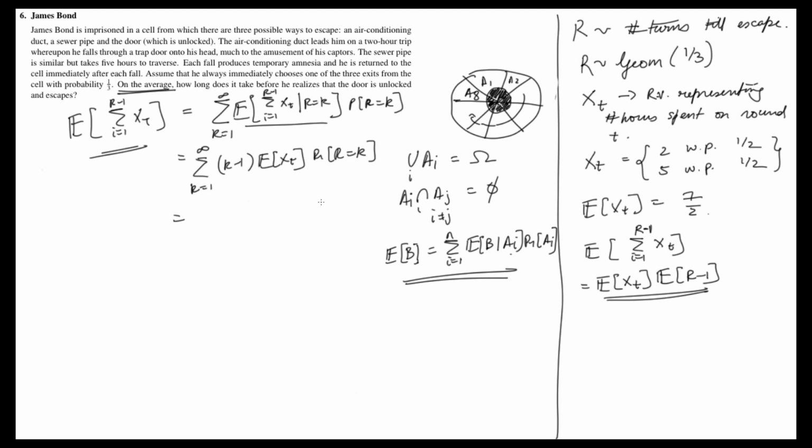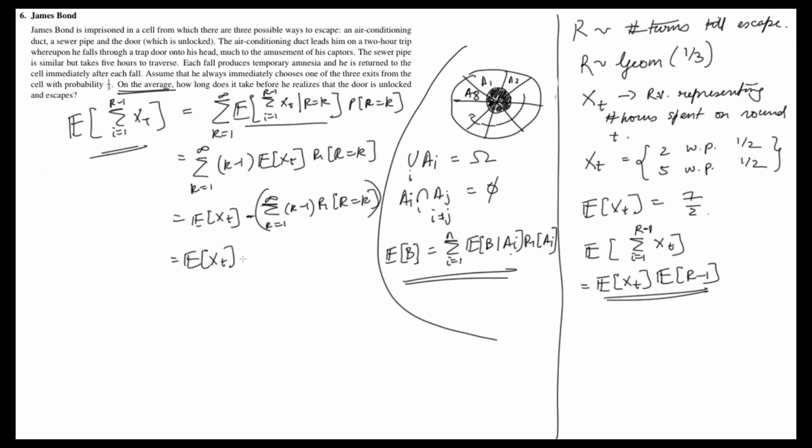Now let's pull the expectation of X_i out, because it does not depend on k at all. So this is equal to the expectation of X_i times the sum over k equal to 1 to infinity of k minus 1 times the probability that R is equal to k. Now what is this expression?